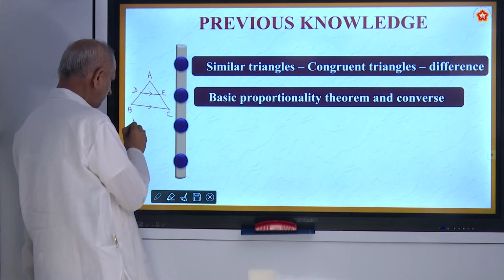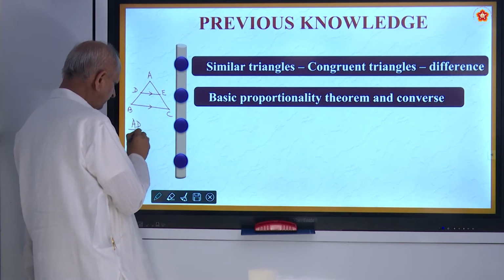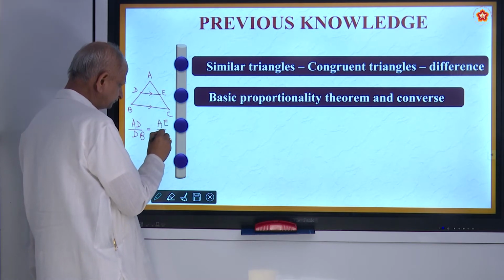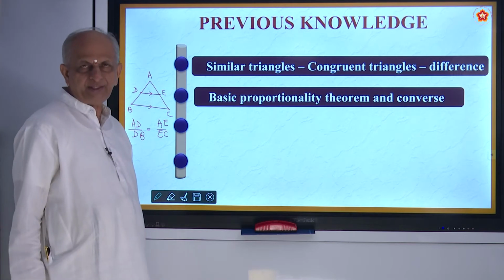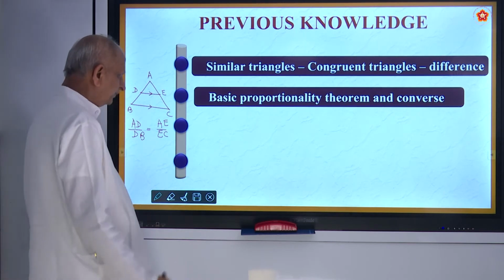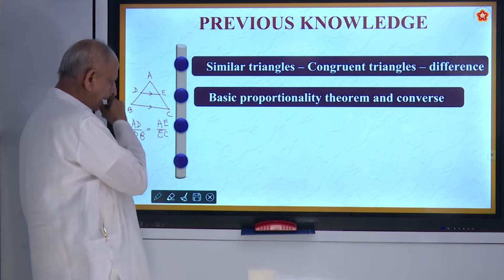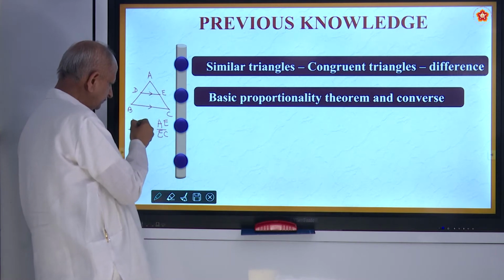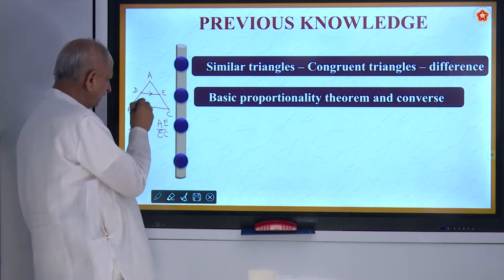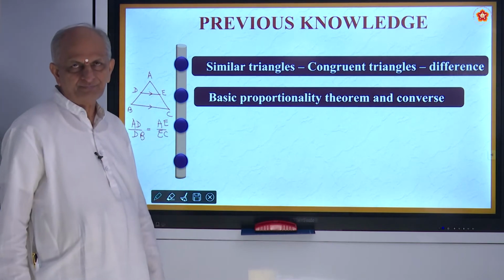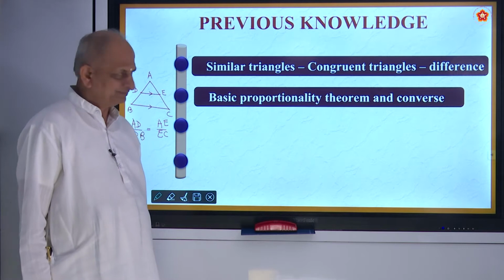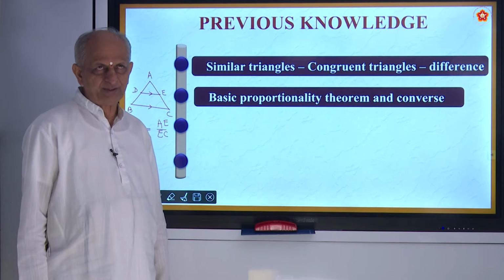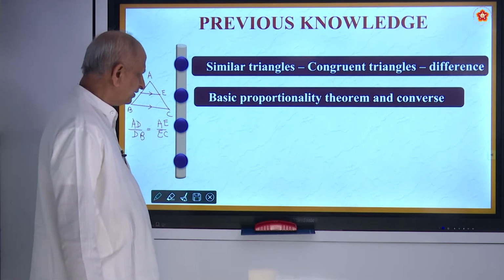Means AD by DB is equal to AE by EC, when DE is drawn parallel to BC. And the converse says, if AD by DB is equal to AE by EC, then BC is parallel to DE. That is called the converse. It's also called Thales theorem because it was discovered by Thales, a Greek mathematician.